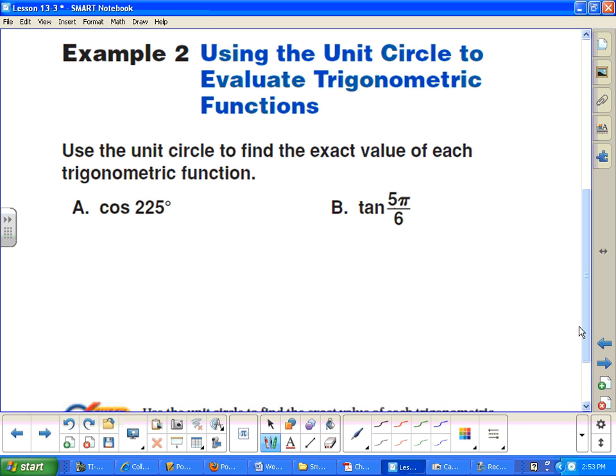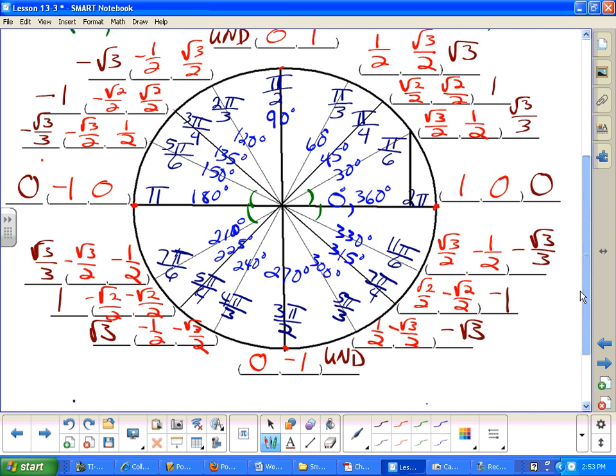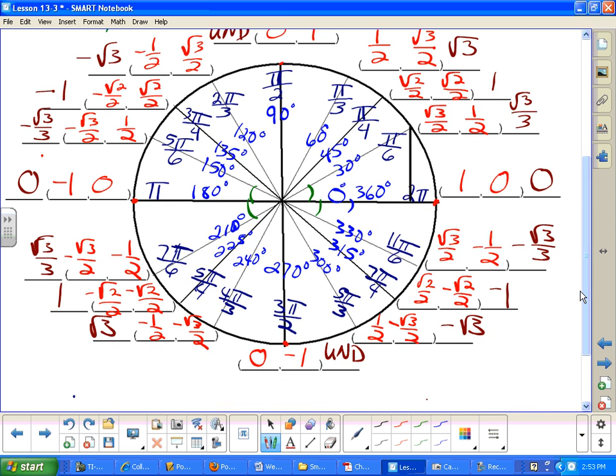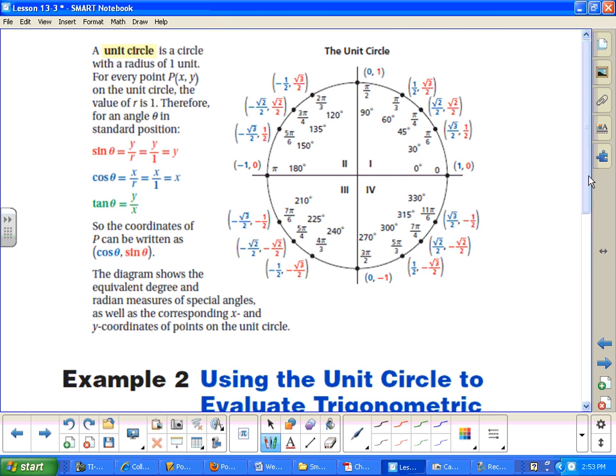Then you're looking for cosine, and cosine is the first coordinate. So look for 225, that's right here. That comes down to here. The first coordinate is going to be this one right here, which is negative square root of 2 over 2.